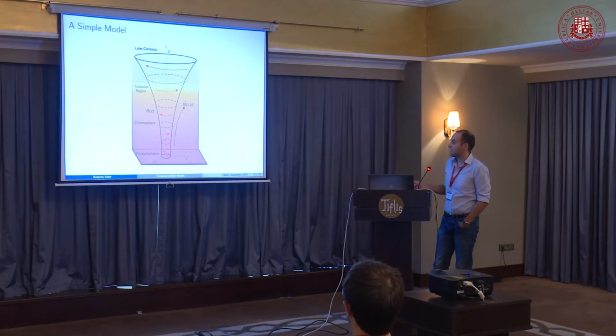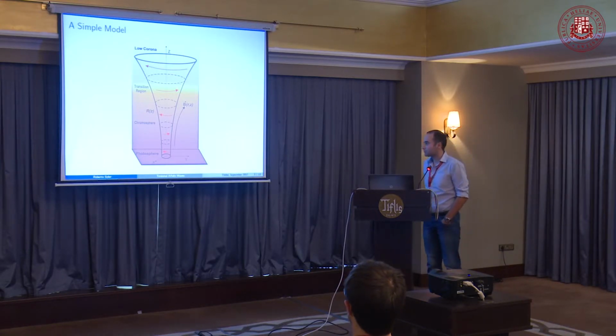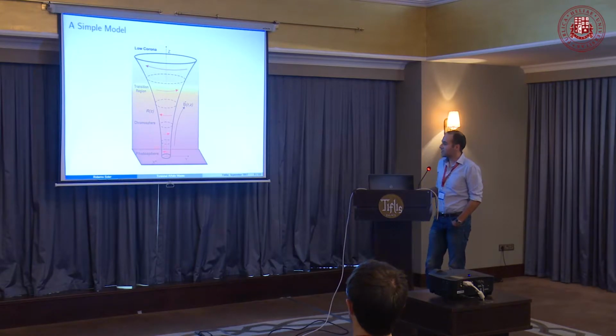And as I said, in this background atmosphere, we embed a magnetic flux tube which expands with height. We are interested in studying the propagation of torsional Alfvén waves that propagate along the tube from the photosphere to the low corona.